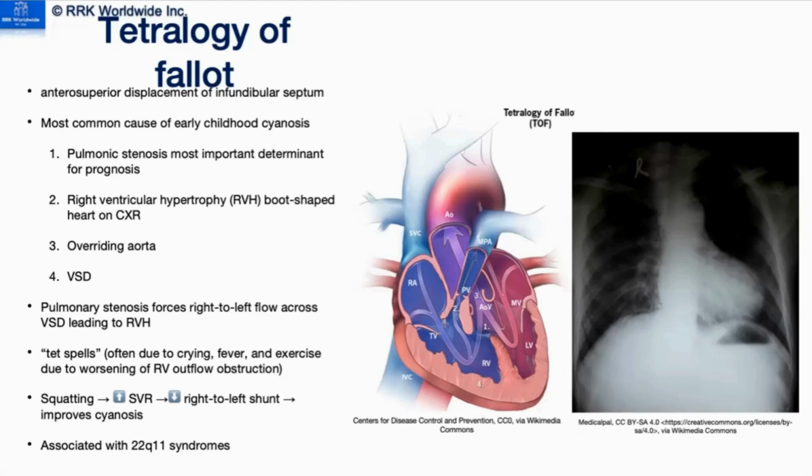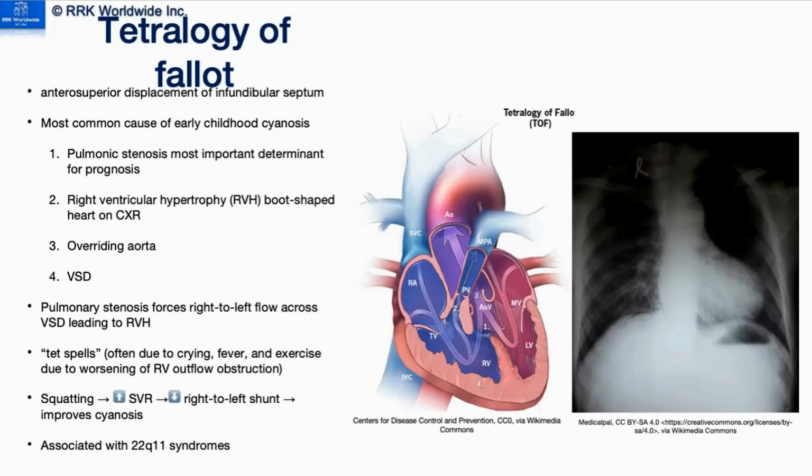And again, the right ventricular hypertrophy is going to look boot-shaped on chest X-ray, but we'll get to the chest X-ray. But just looking at this gross anatomic image, you have one is your VSD, two is your right ventricular hypertrophy, three is your overriding aorta, and four is going to be your pulmonary stenosis. So you can see you're going to have the right ventricular hypertrophy, VSD, overriding aorta, and pulmonic stenosis.